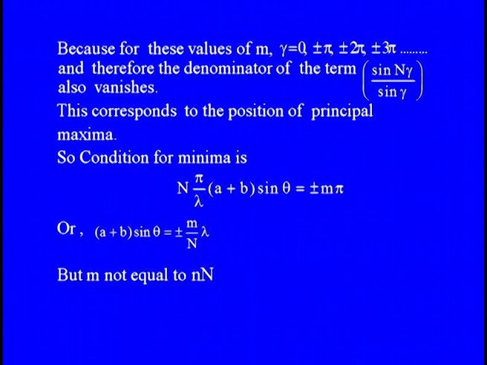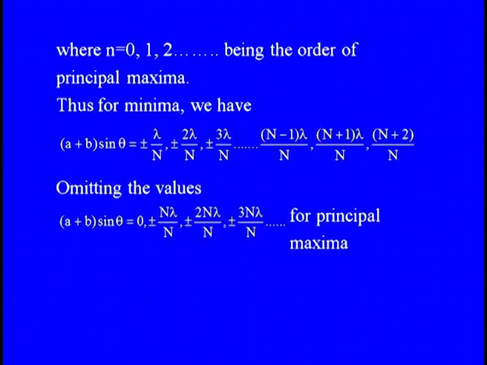So, the condition for minima is capital N pi by lambda into (A plus B) sin theta equal to plus minus m pi, or (A plus B) sin theta equal to plus minus m upon capital N times lambda, but m should not be equal to n times capital N, where small n has integral values 0, 1, 2, 3, and so on, and this n gives the order of principal maxima.